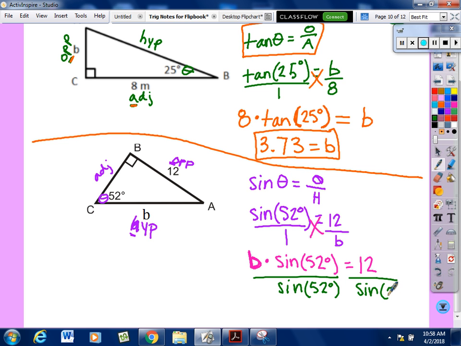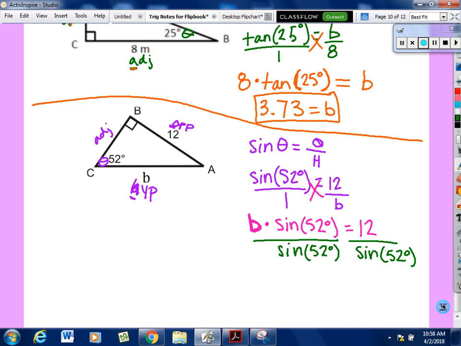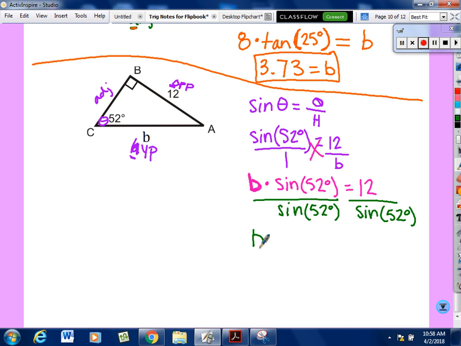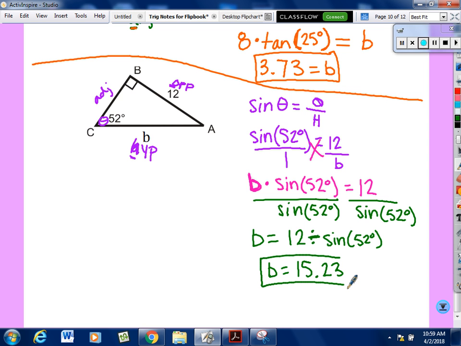To rewrite that for you, B is going to equal 12 divided by sine of 52 degrees. So in my calculator, I type that in, keeping in mind you do need to put the 12 first, otherwise it does change your answer. I get 15.23.